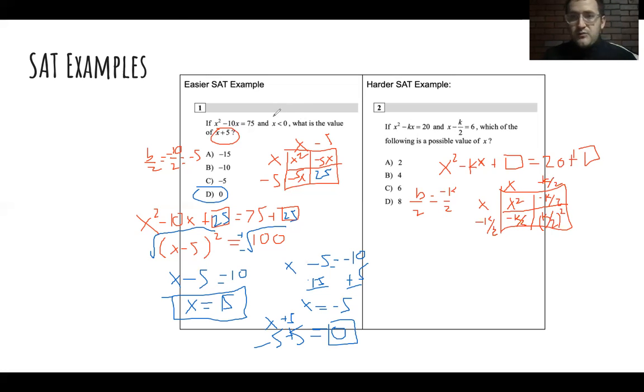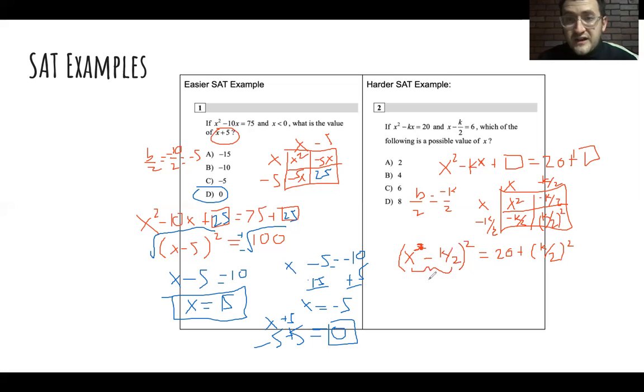When I rewrite the problem, I'm going to have x minus k over 2, all squared, equal to 20 plus k over 2 squared.